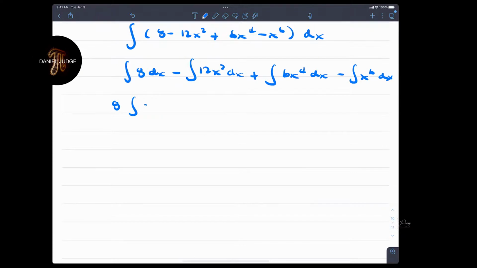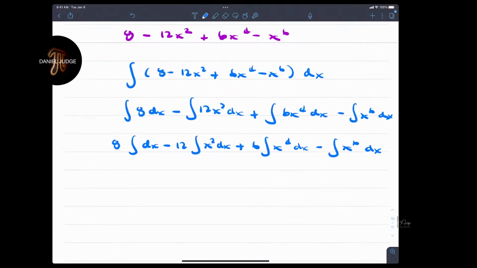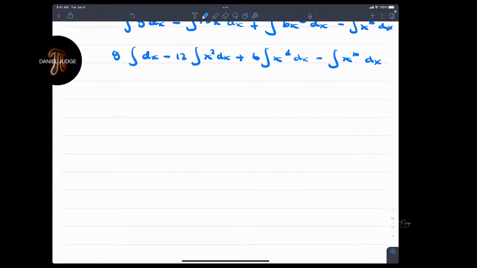Pull out the constant. Okay. 8x, 12 times 1/3 x cubed, 6 x to the 5th over 5.